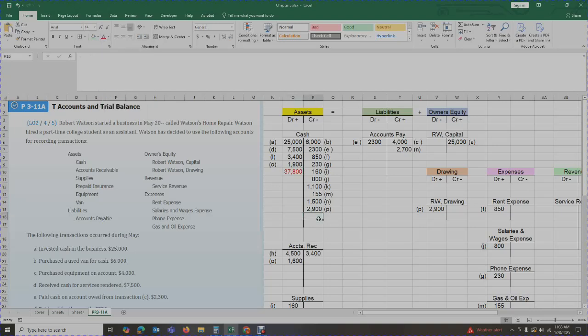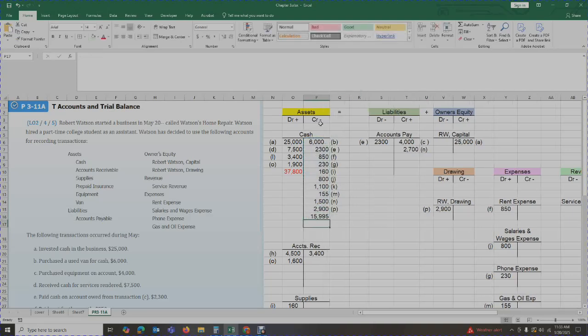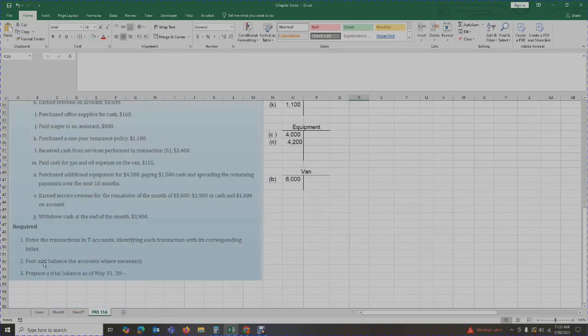Then I'm going to add my debit and my credit side separately. So here we go. Now, these are my footings, because it's asking you to foot and balance.